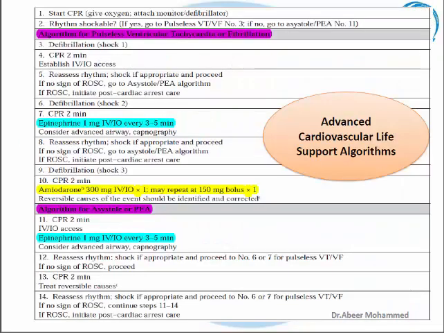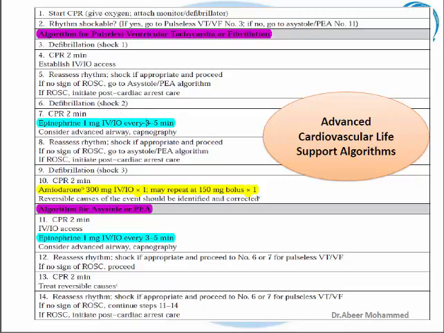In the advanced cardiovascular life support algorithm, we could manage the adult cardiac arrest according to the situation. Either it is pulseless ventricular tachycardia or fibrillation, or asystole, or pulseless electrical activity PEA.